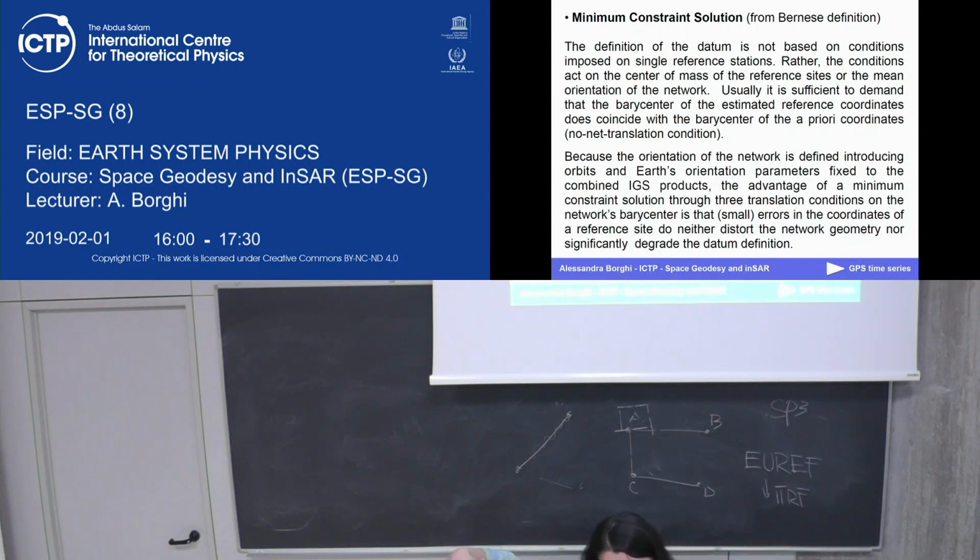We fix this part, so we don't expect that our network is completely rotated with respect to the theoretical values. It's just a short correction. It means you just estimate the translation condition to fit one with the other. It's not a really complete transformation.